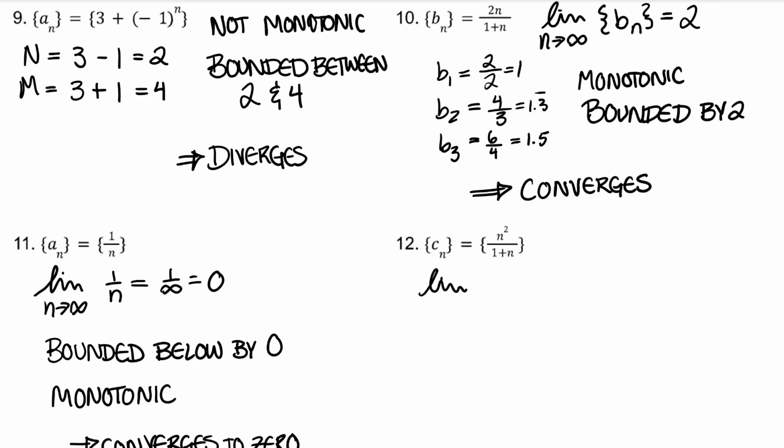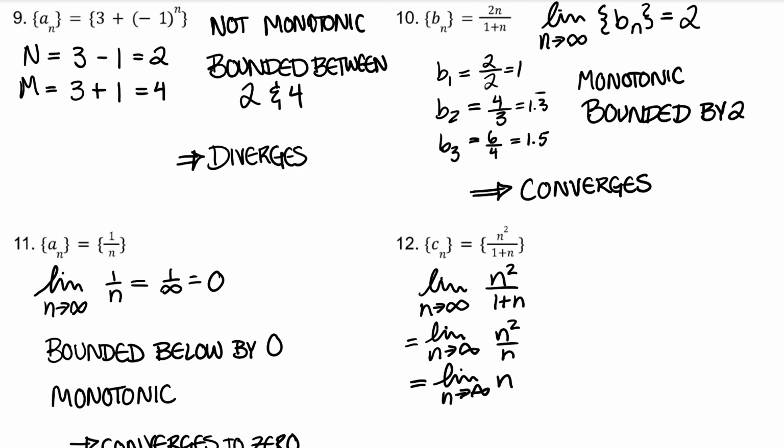And our last one, number 12. First, take the limit as n approaches infinity of the sequence. Our limit is infinity. This is definitely not a bounded sequence. But if we're headed toward infinity, it's probably a monotonic, non-decreasing sequence. And you can always plug in 1, 2, 3, 4 to make sure that these terms are increasing.